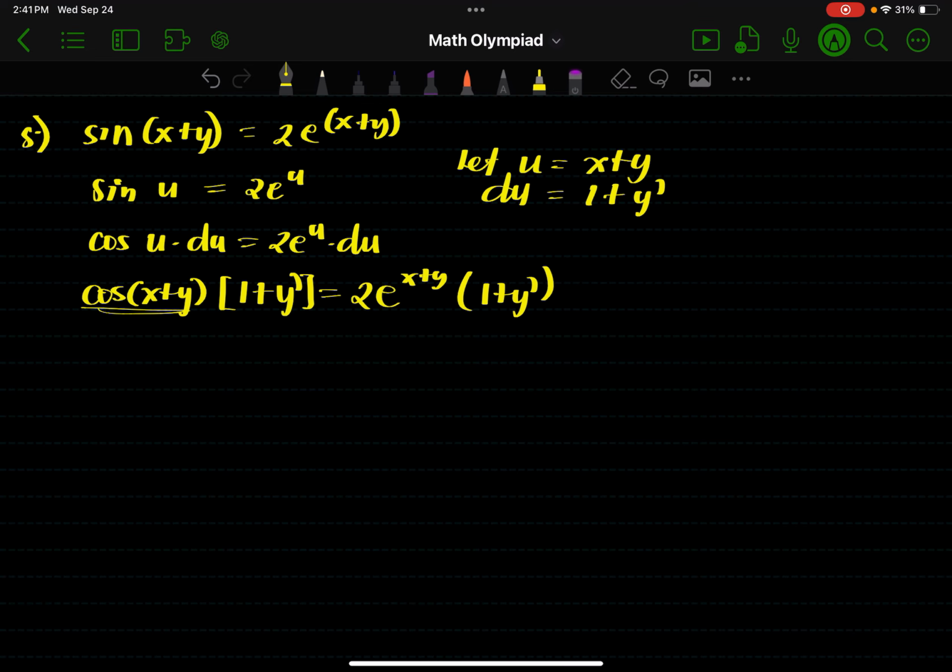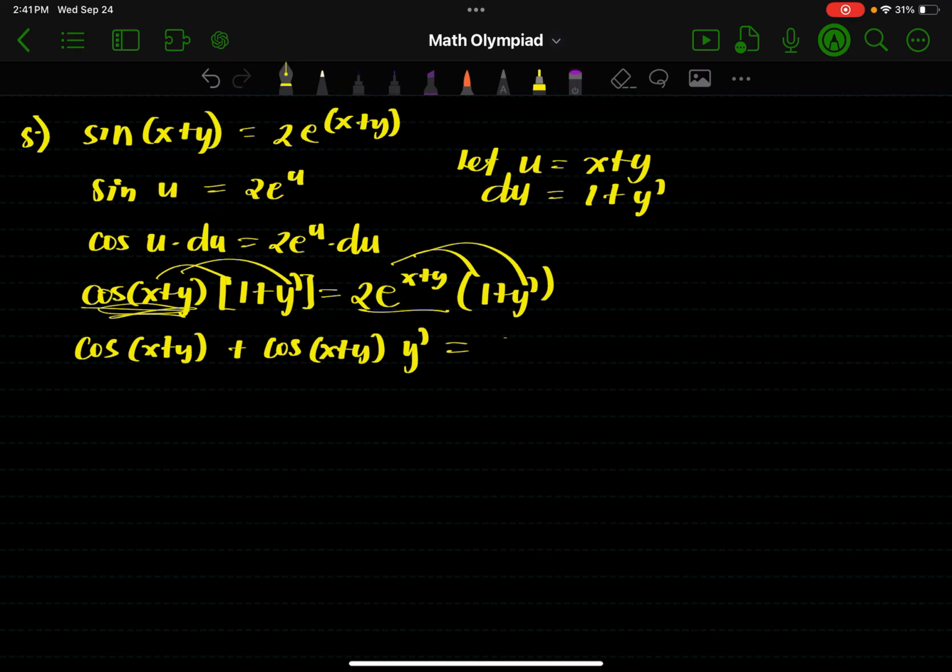And distribute here the terms inside the parentheses. We have 1 plus y prime, and that will become cosine of x plus y plus cosine of x plus y times y prime equals, this also distribute, 2e raised to x plus y plus 2e raised to x plus y times y prime.